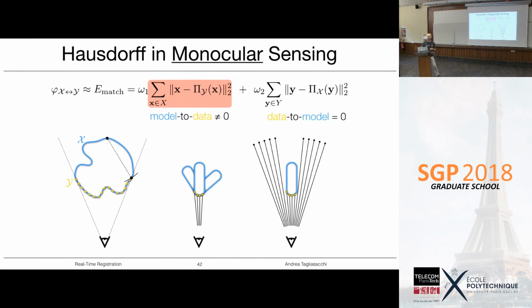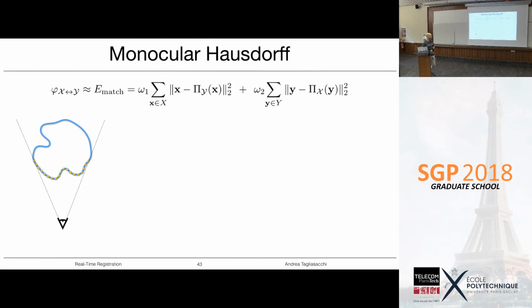So what we can do is change our metric. I can take the first term, the one from blue, and change it a little bit in such a way that the projection is not performed in 3D, but is performed in an image plane. Why?